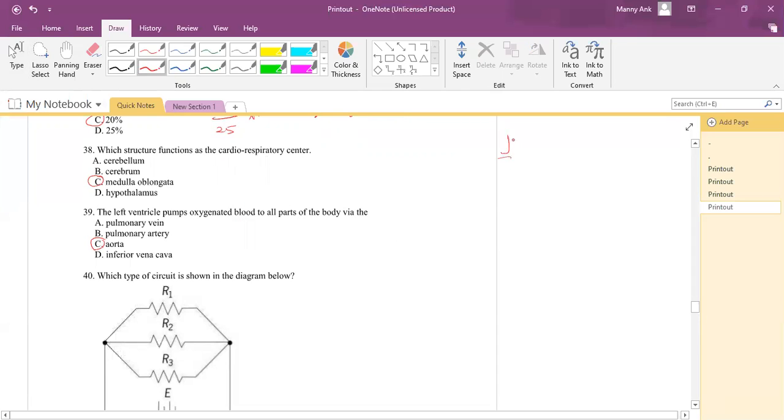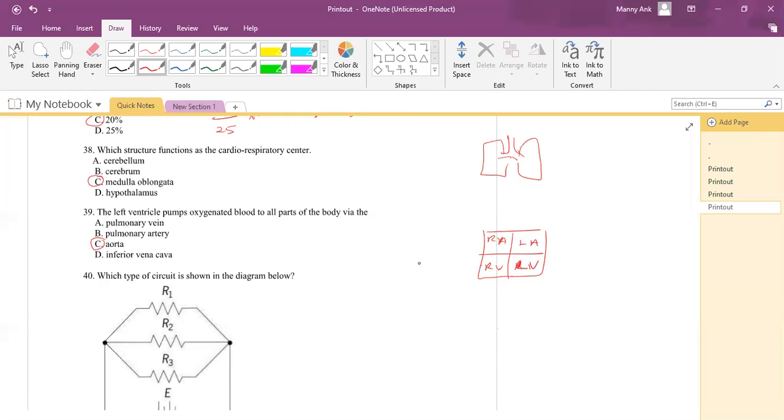So we have the lungs, the left ventricle, the right ventricle, the left atrium here, right atrium there. Then deoxygenated blood comes in from different parts of the body.